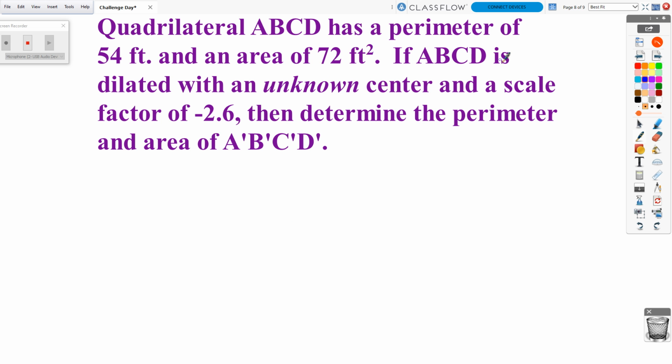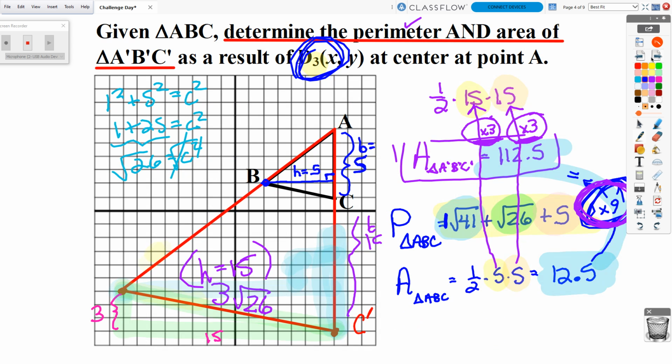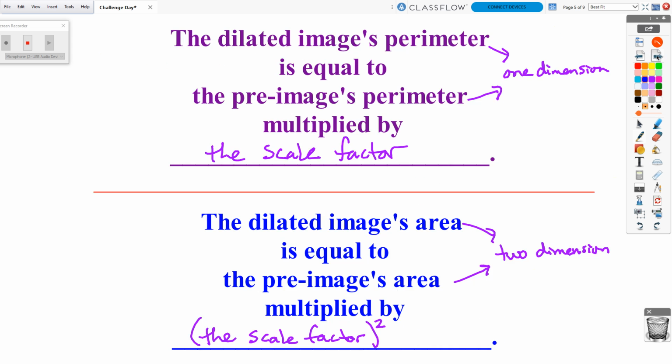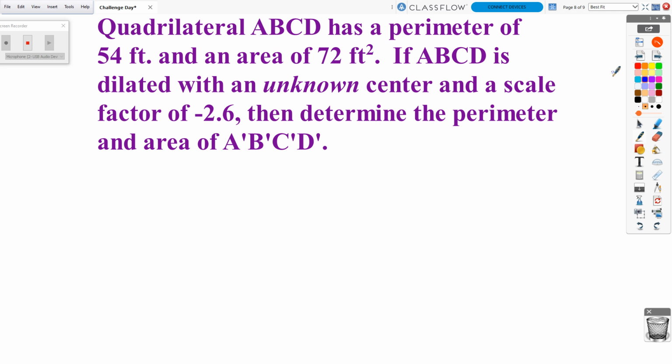If ABCD is dilated with an unknown center, oh my gosh, getting crazy, unknown center, and a scale factor of -2.6, then determine the perimeter and the area of A prime, B prime, C prime, D prime. So basically, it's like this problem, but without the picture. All I know is what the area and the perimeter are.